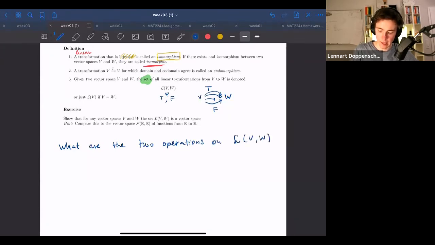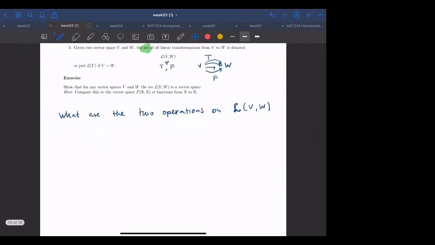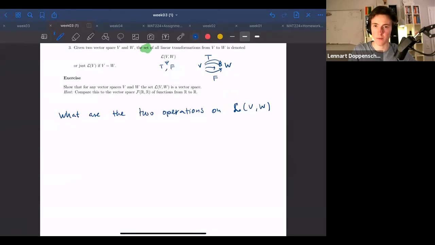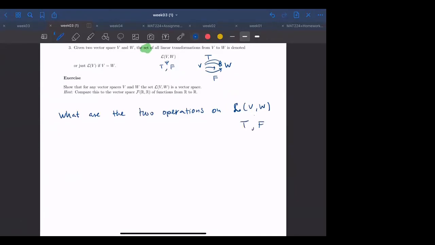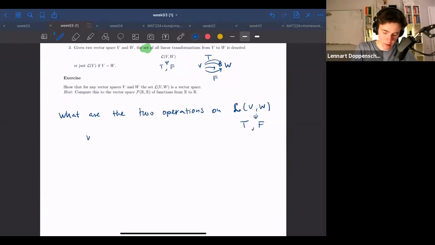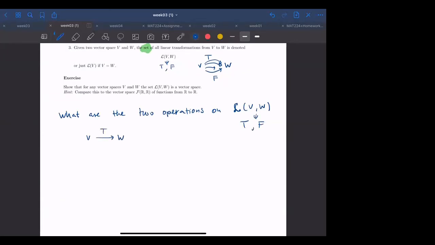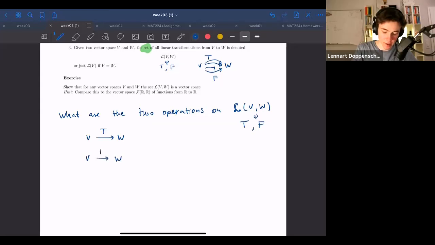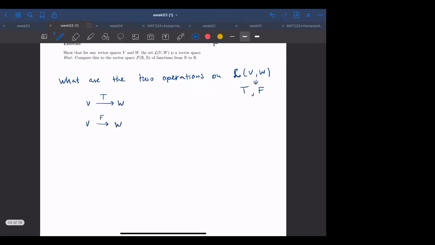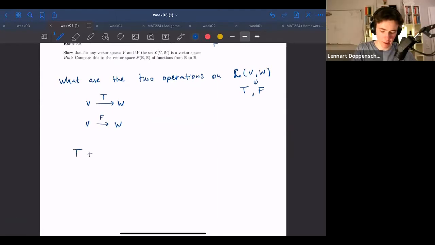This is a calligraphic L. Any ideas? Is it addition and scalar multiplication? Yes. What is addition? How do we define this? If we have two transformations, then the addition of those two transformations will be in L of V and W. But what is it? That's the question. How do we define T plus F?